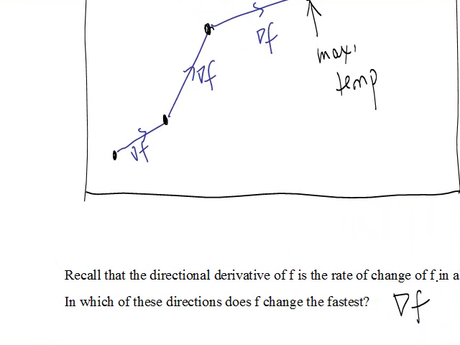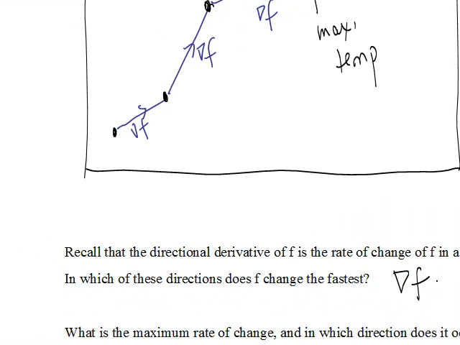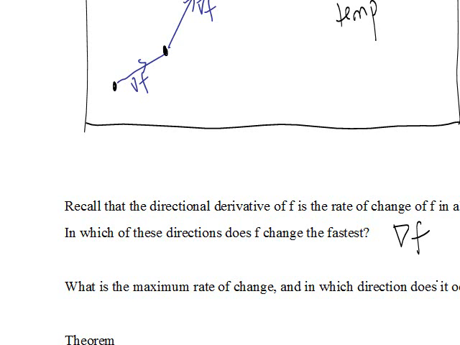Another question. What is the maximum rate of change and in which direction does it occur? Now, I need to give you a theorem for that, and I'll explain this in a little while. In other words, what is the maximum directional derivative?